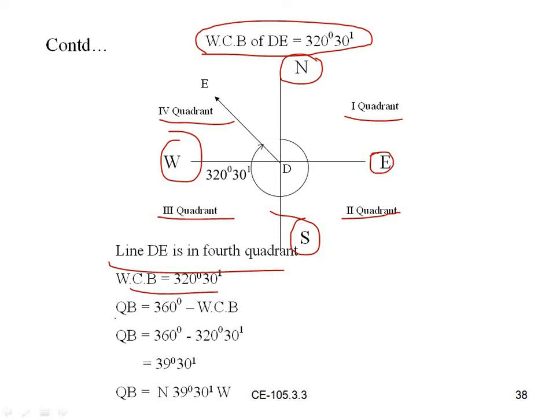So quadrantal bearing is equal to 360 degrees minus whole circle bearing. We will get the answer 39 degrees 30 minutes. Then we will say the quadrantal bearing is northwest, because the direction is in between. So north 39 degrees 30 minutes west.